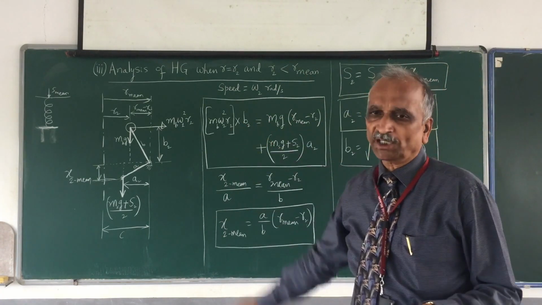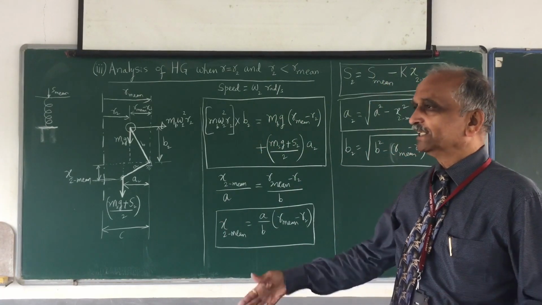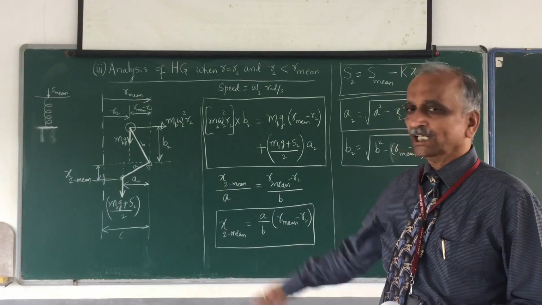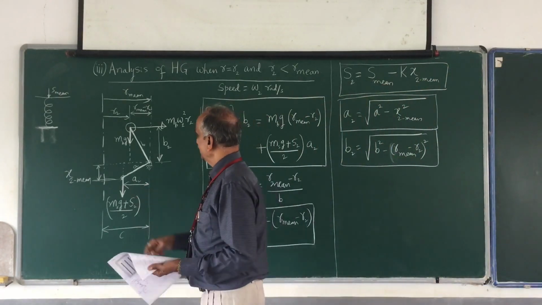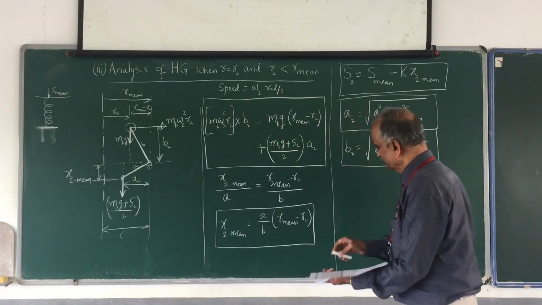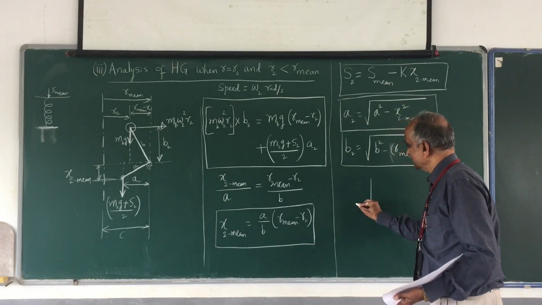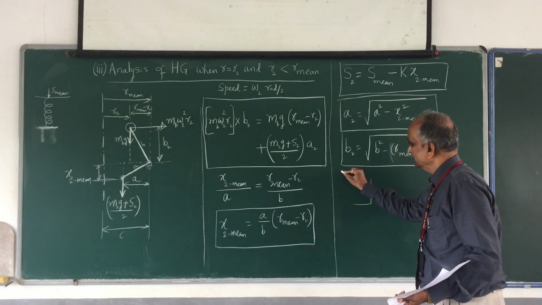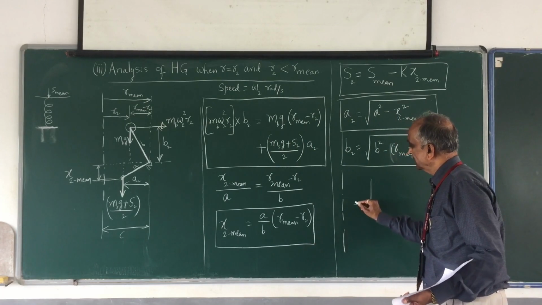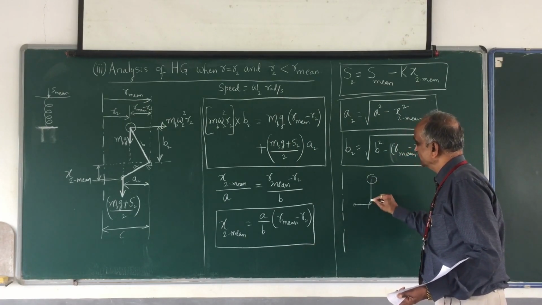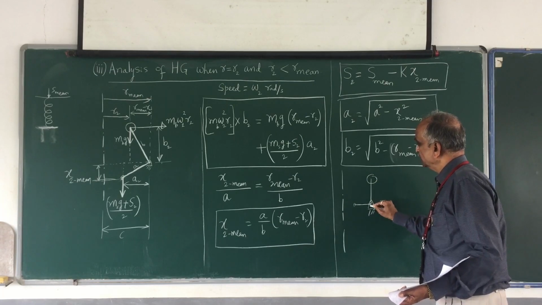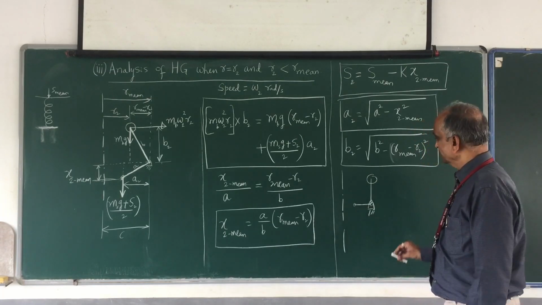The analysis I have shown here may slightly vary from the real problem. What I have assumed, for example, is the bell crank lever, something like this. This is the axis, this is the sleeve arm, this is the ball arm, and this is what I have assumed as the fulcrum.